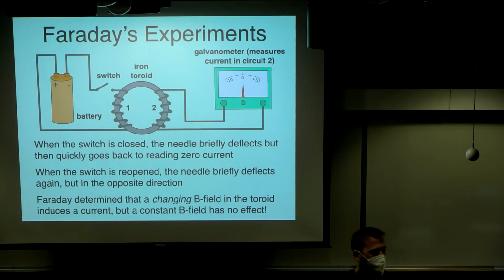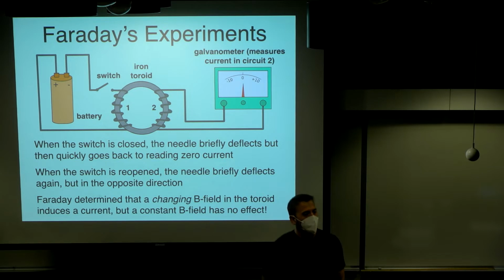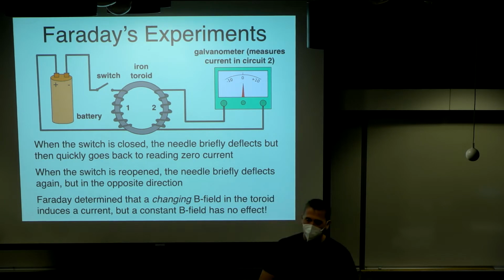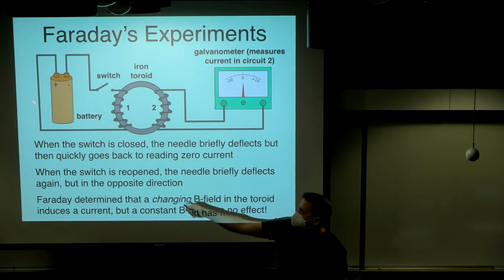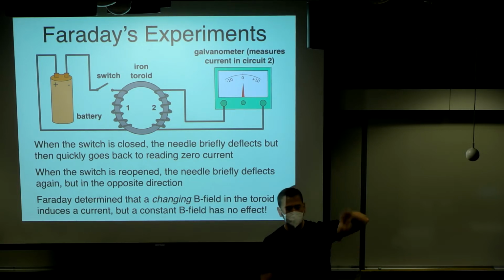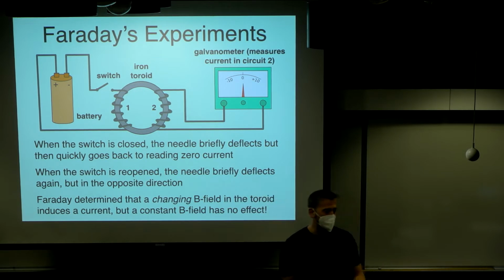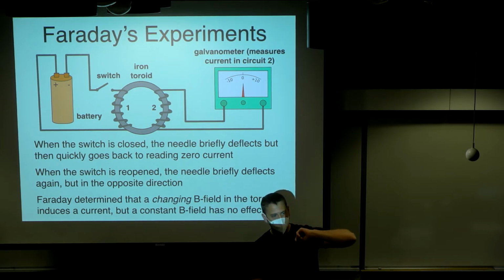Now let's try to understand that for a second, right? When the switch is first closed, you're going from no current in this circuit at all, right? And then after a short time, you reach some sort of steady current in that circuit. So there's a brief period of time where the amount of current in this circuit is ramping up, right? Okay, well, if the current is ramping up, that means the magnetic field that's created by that current is also ramping up, okay?